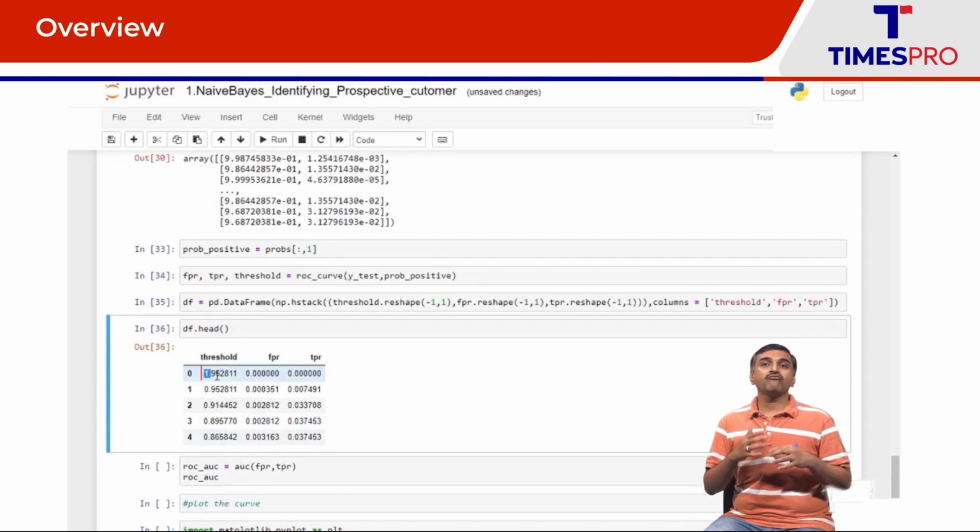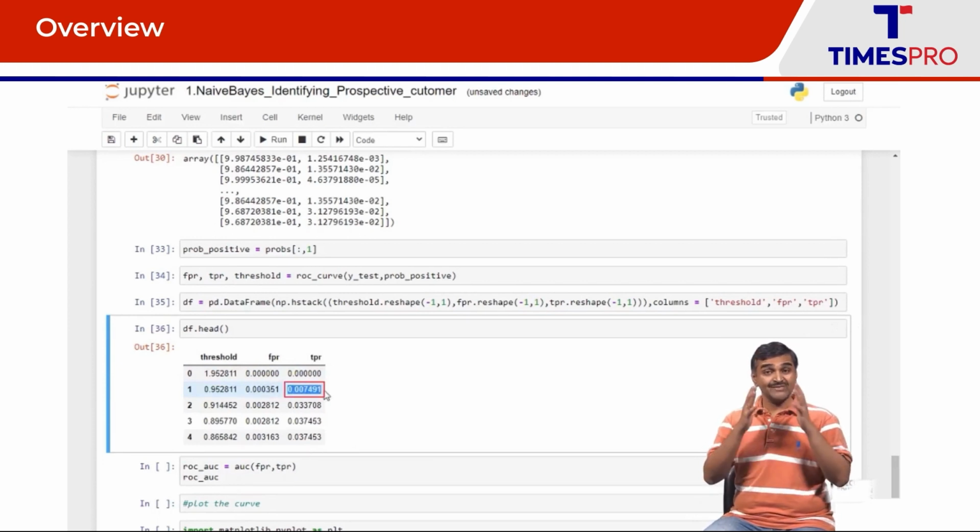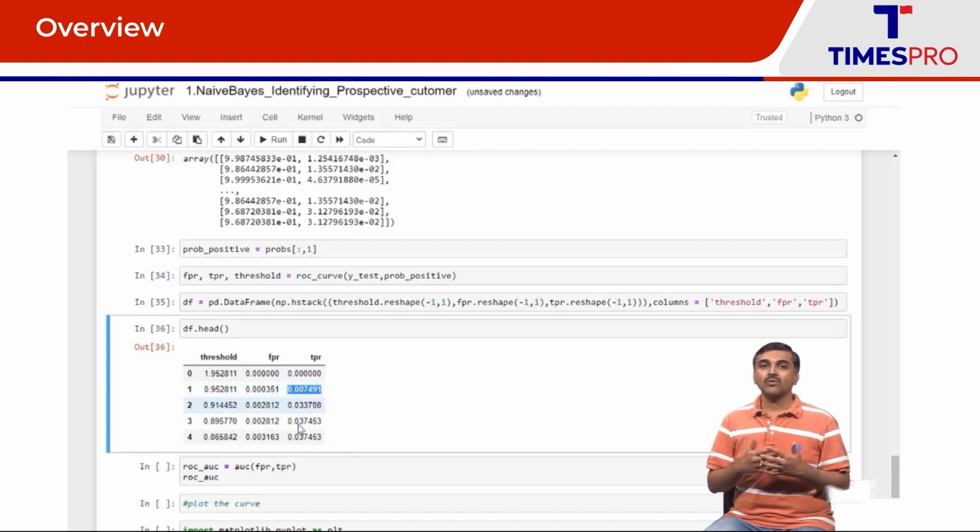For a threshold of 1.95, the false positive rate is 0 and the true positive rate is as well 0. For a threshold of 0.95, the false positive rate is 0.000351 and the true positive rate is 0.007491, and so on.